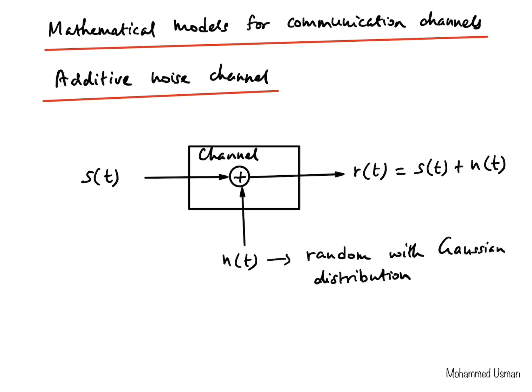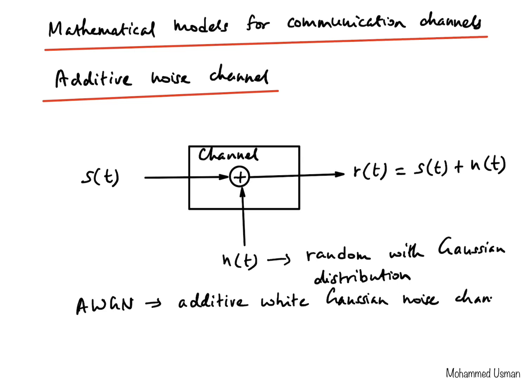Okay, and because the additive noise has a Gaussian random distribution, such a channel is also called an AWGN channel, and that stands for additive white Gaussian noise channel.